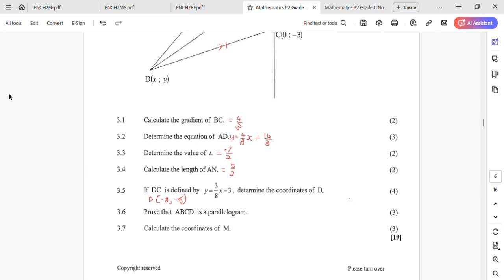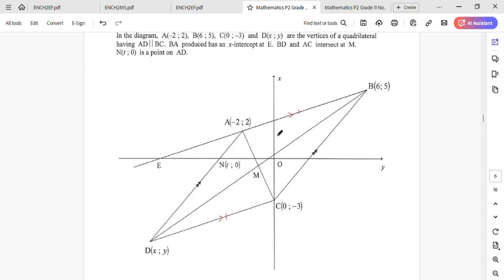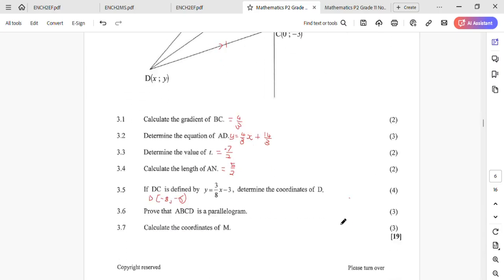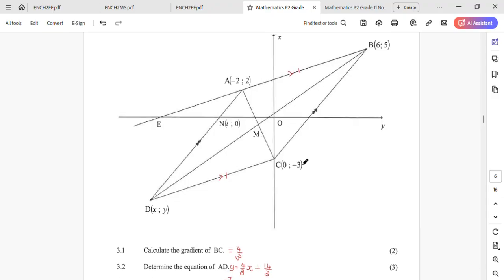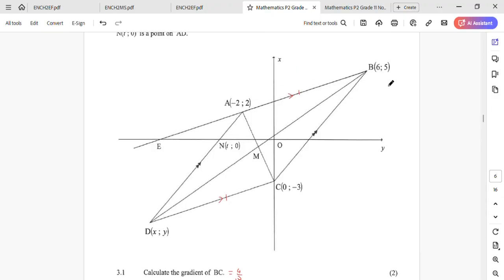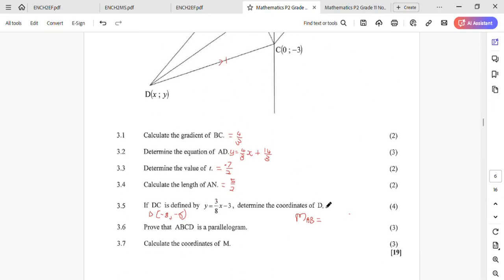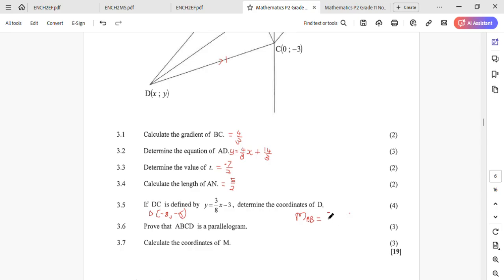So this is actually our gradient of this line AP. M AP is going to be y2 minus y1, which is this 5 minus 2, which is equals to 3.